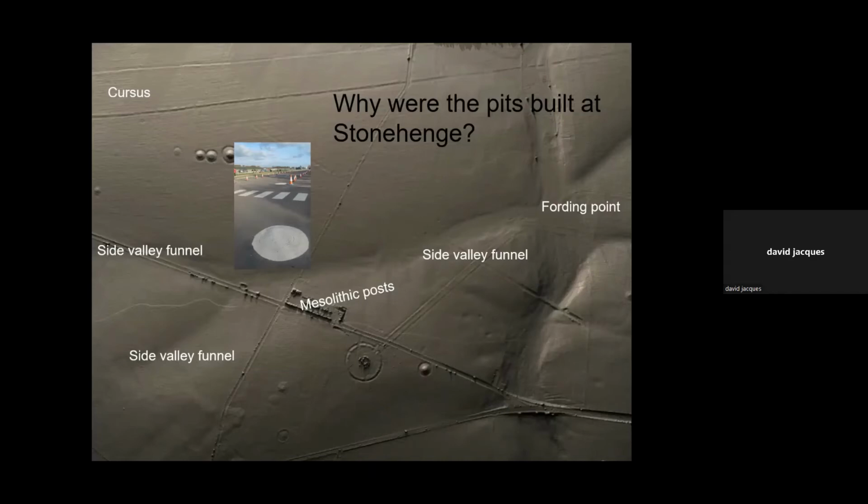It's interesting to me that the cursus, and you can see it in the top left of the screen, actually seems to me to be following that not quite east-west alignment that I'm suggesting for the side valley funnel. Now that's built quite a bit later in 3500 BC, but I'm wondering if the cursus is built, and no one knows to this day why it was built, as a way of marking out the domestication of an earlier wild place that was associated with the hunt.